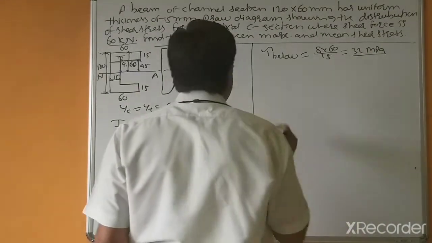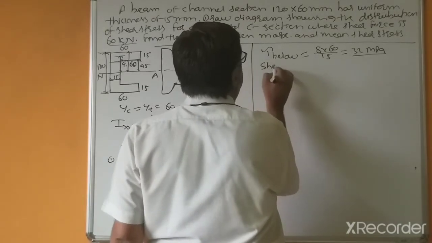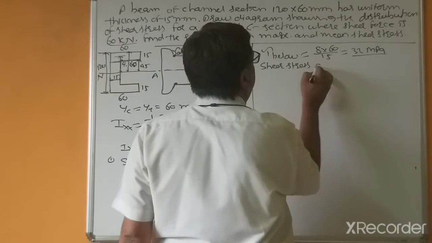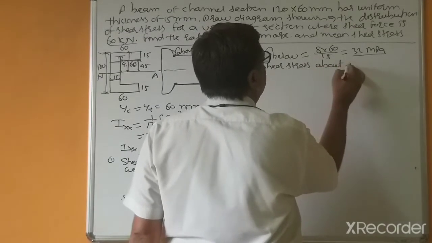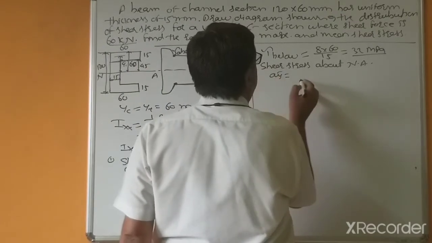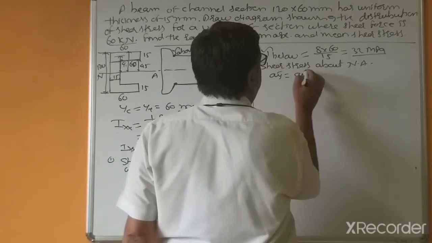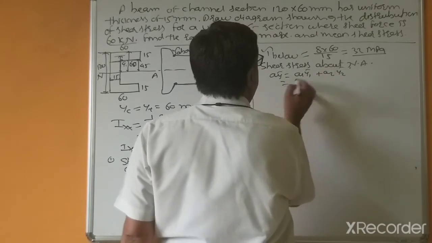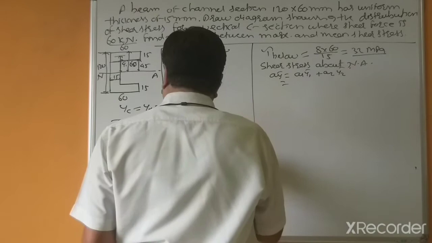Now shear stress about the neutral axis. So AY bar equal to A1 Y1 bar plus A2 Y2 bar. A1 Y1 bar we already calculated.